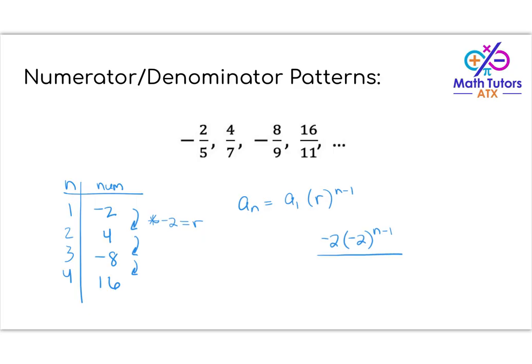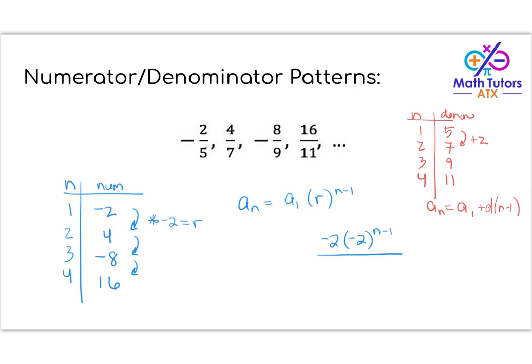Okay, well now let's look at the denominator. The denominator is more of a linear pattern. It's 5, 7, 9, 11. Great. So I'm going up 2 each time, so it's the arithmetic pattern, right? And again, we'll use a sub 1 plus d times n minus 1.